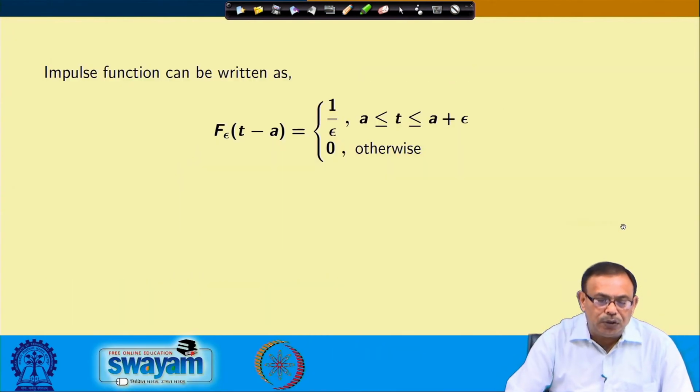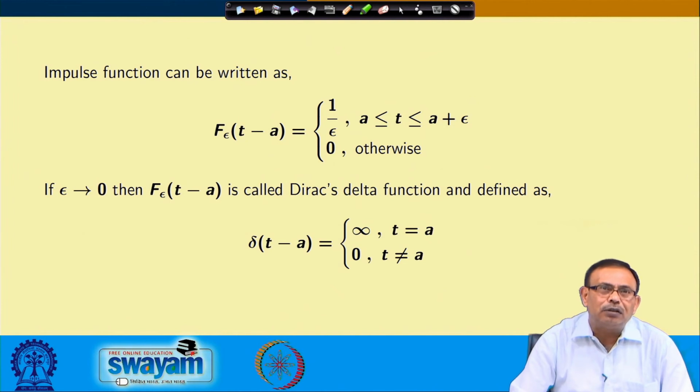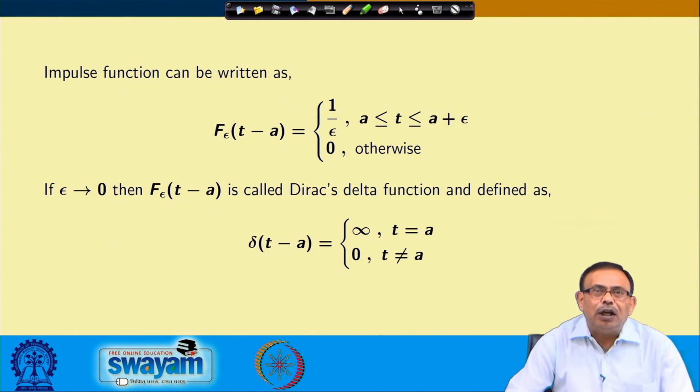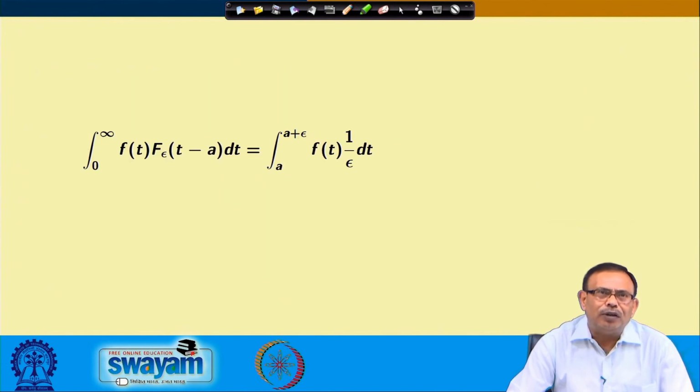Just as I told you, the impulse function can be written this way also, with t lying between a and a plus epsilon, and from there I can write delta t minus a equals infinity at t equals a, and at t not equals a the value is 0. Therefore, the integral from 0 to infinity of delta t dt equals 1. As I told, the area should always equal 1.